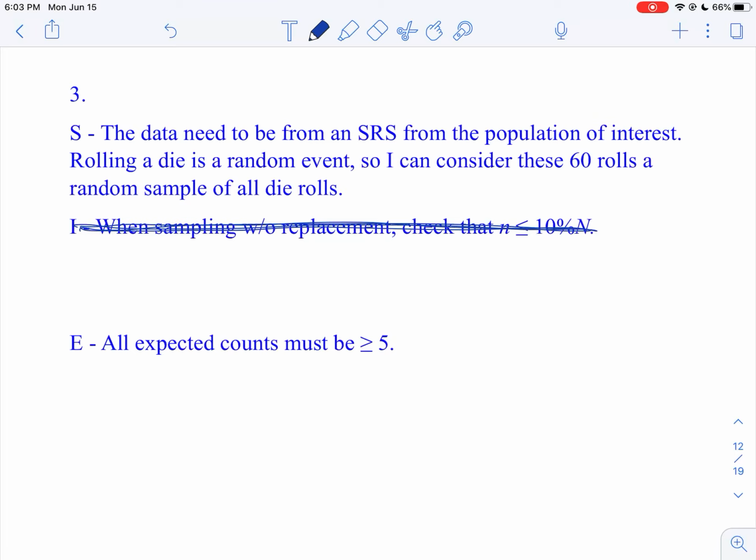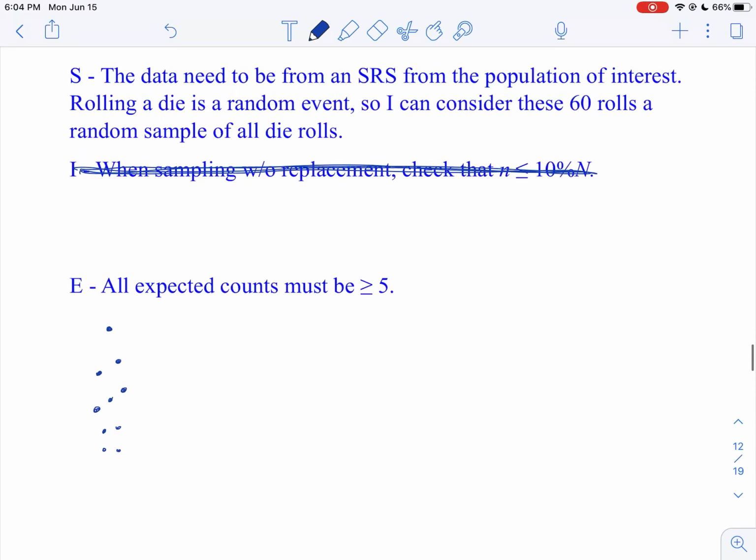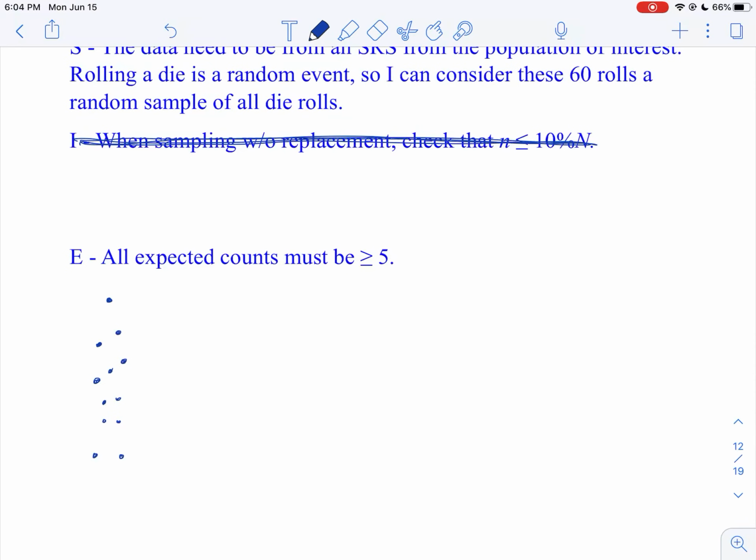To calculate the expected counts again, remember you take your sample size and you multiply it times the proportion for each category. Our categories are rolling a 1, rolling a 2, rolling a 3, rolling a 4, rolling a 5, and rolling a 6, right?